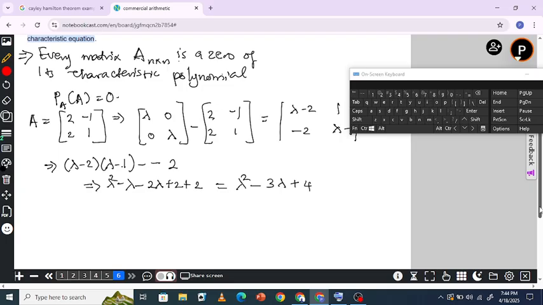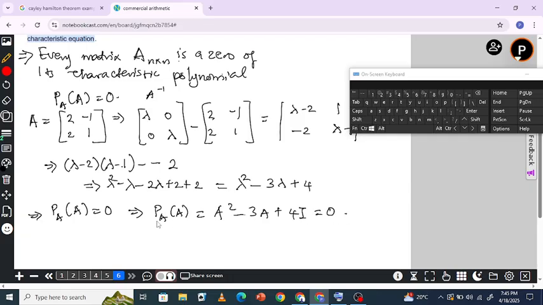And now our next thing, we are supposed to apply our Cayley-Hamilton theorem and get the inverse. We want to get A inverse. By our Cayley-Hamilton theorem, if we put A back in the characteristic polynomial, we are supposed to get a 0. That means for P_A of A, wherever we have a lambda, we put A. We will have A squared minus 3A plus 4I is equal to 0.